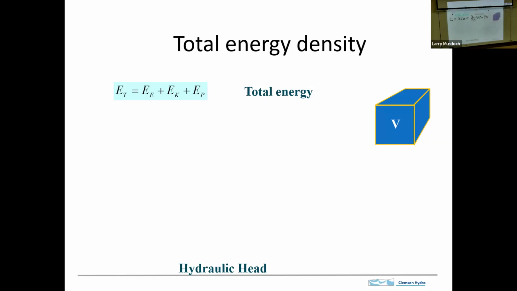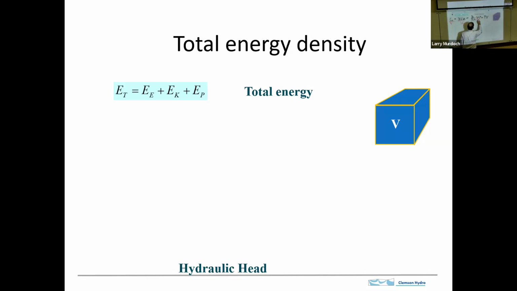We don't really have a chunk of water. That's not a useful concept for describing flow going from high to low energy. So we can modify this in a simple way. This is the total energy, but if we wanted to apply it to a large body, we can go with the energy density, so the energy per unit volume. We just do that by dividing through by volume.